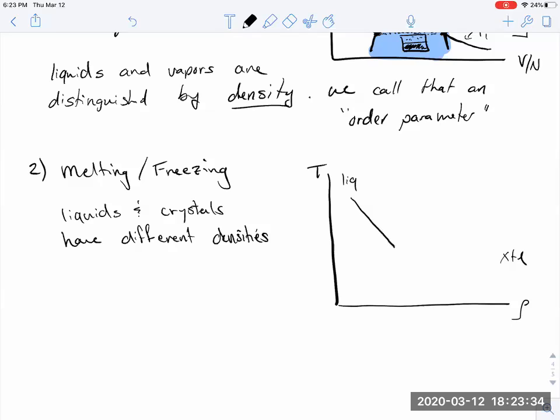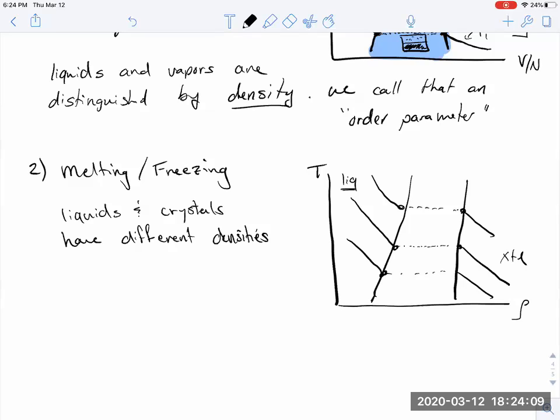There will be a point at which, as I cool the system down, I change abruptly from a liquid to a crystal. I could do this at different pressures, maybe this pressure here. See another abrupt change. Maybe a different pressure up here. See another abrupt change. I could trace out this locus of points too.